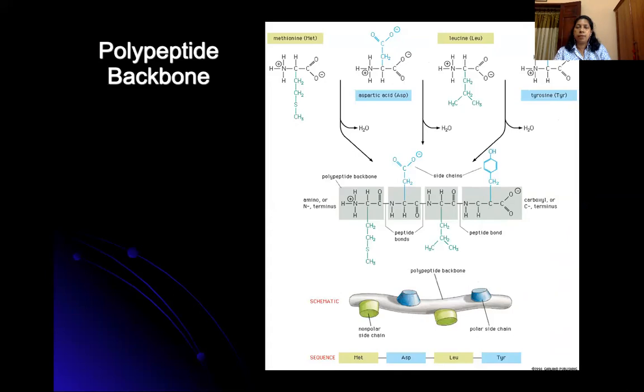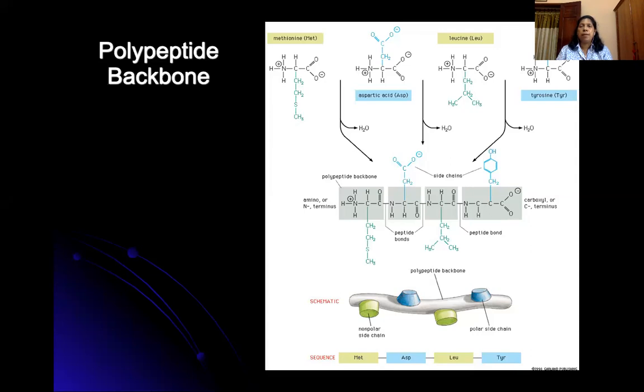You can see the last picture, the schematic. Now I mentioned that different amino acids can be combined with each other using peptide bonds. When drawn as a linear chain, the bonded amino acids may be non-polar, basic, acidic, hydrophilic, or hydrophobic.